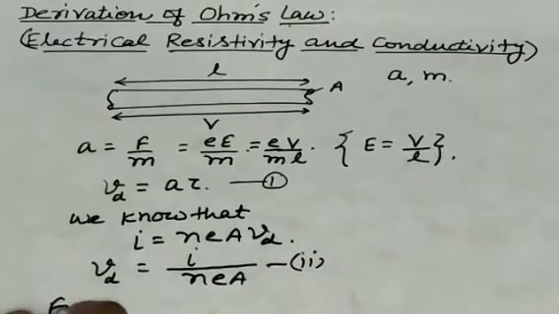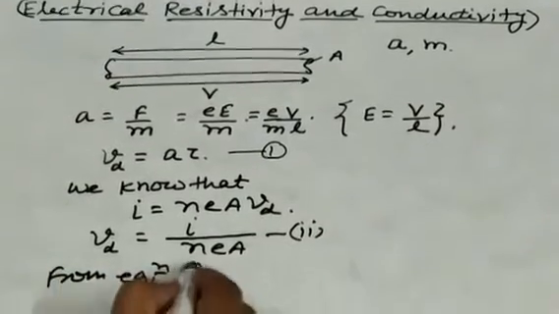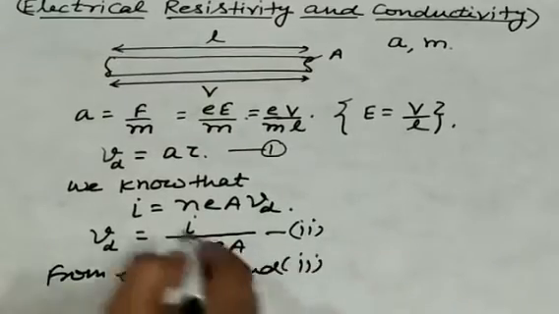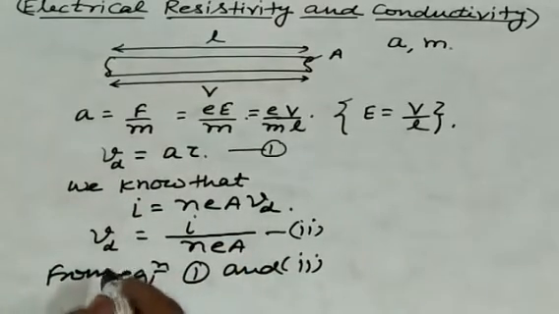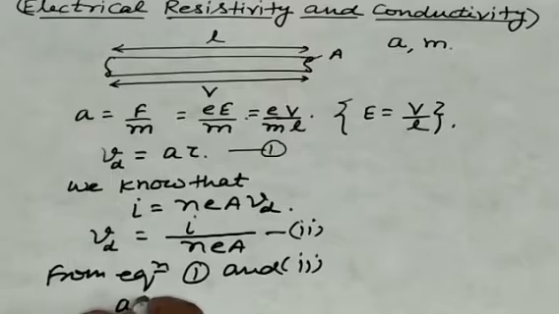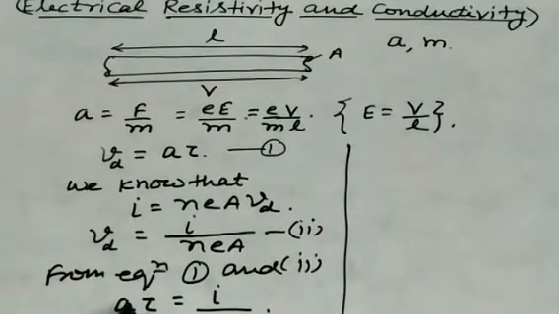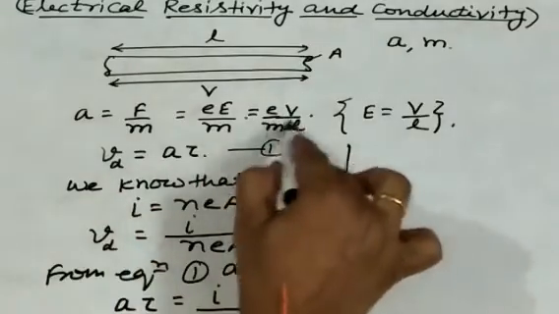From equation 1 and 2, we can say a tau is equal to I upon n e A. In place of a, we can write eV upon mL.